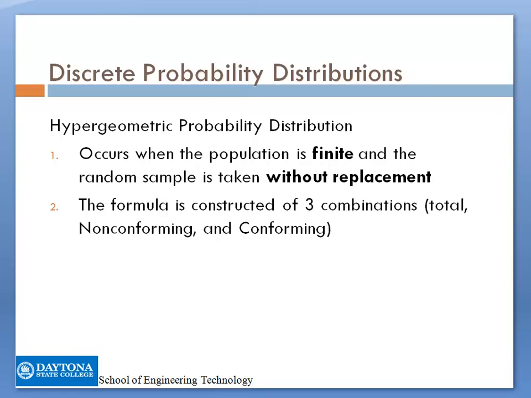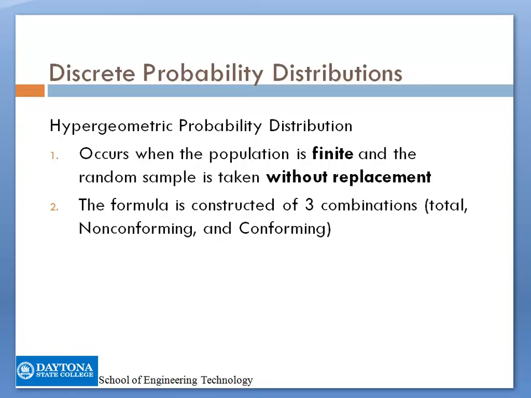For the hypergeometric, you need to understand that they occur when the population is finite, and the random sample is taken without replacement. So this is very key. You have a total number, the population value, and every time that you take something out of that population, you do not replace it. This means that the probability of that whole population is always changing.